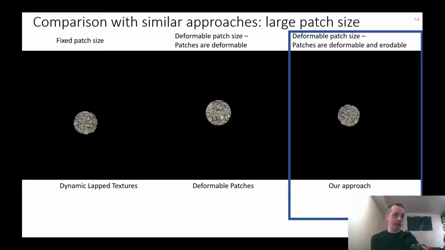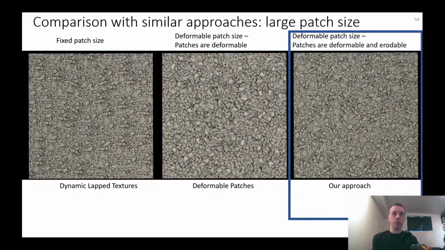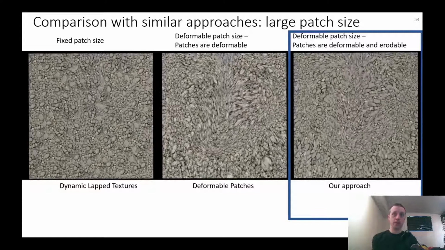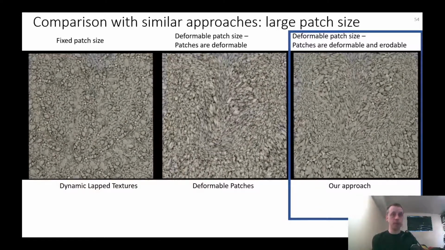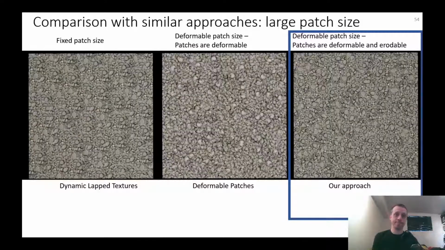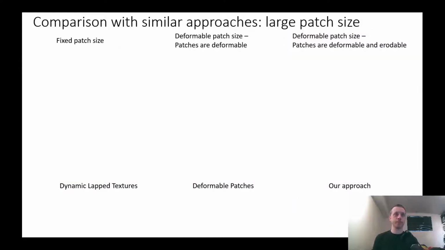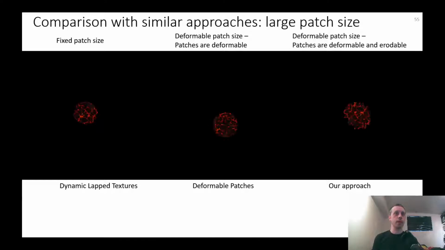Finally, in comparison, our approach is faithful to the exemplar. It has no blending, and it does not feel rigid. However, it is possible to see the patch boundaries during the erosion. Here is another comparison with a completely different texture exemplar.